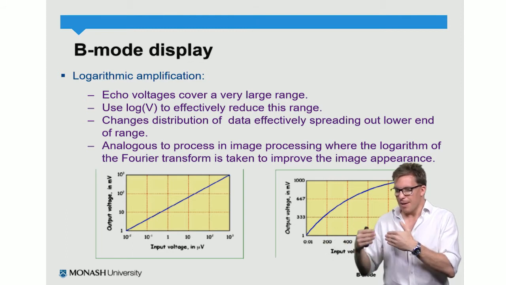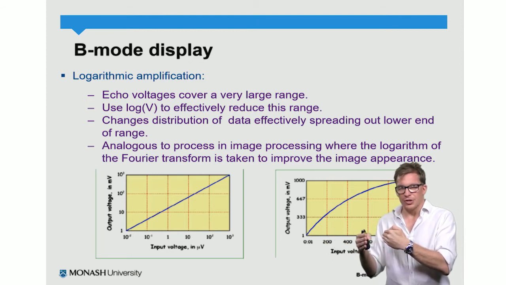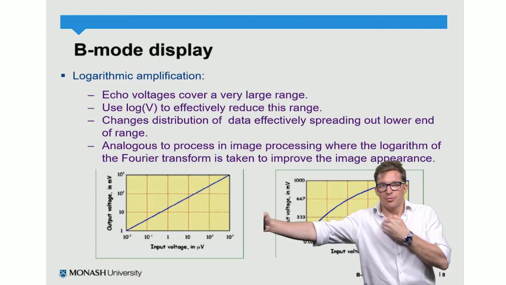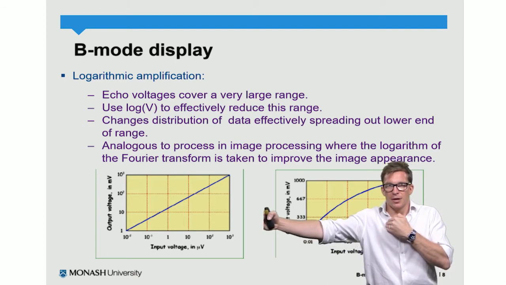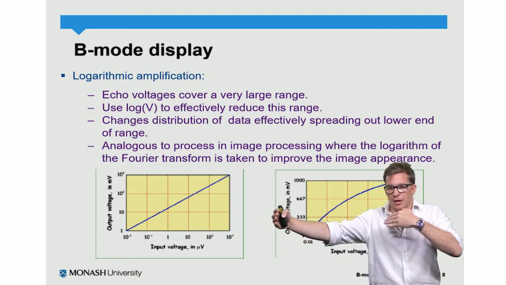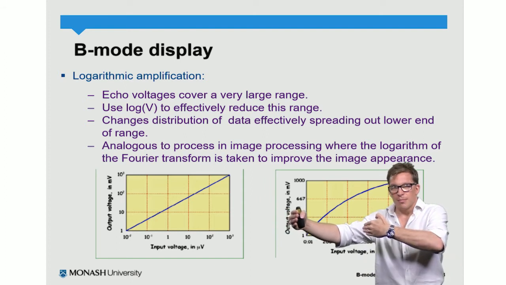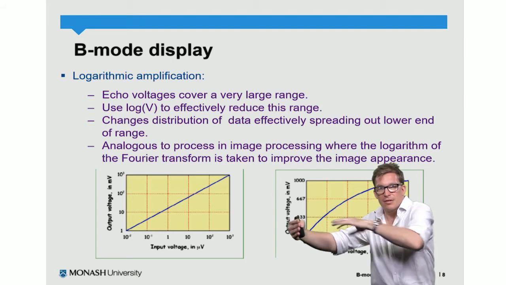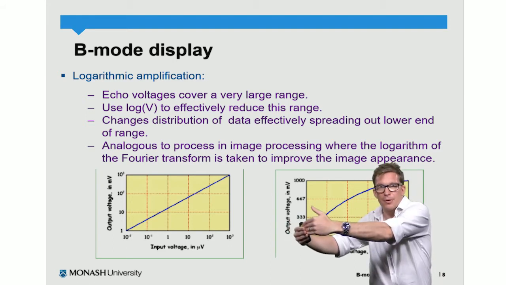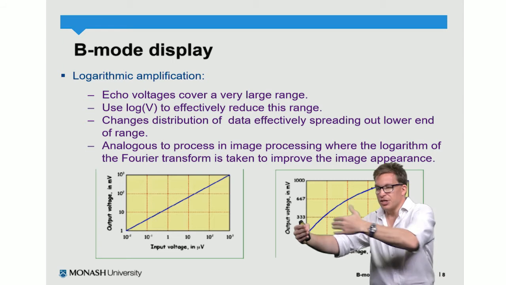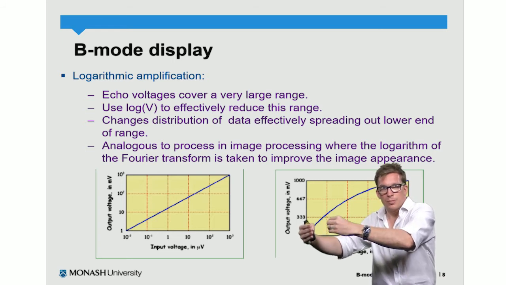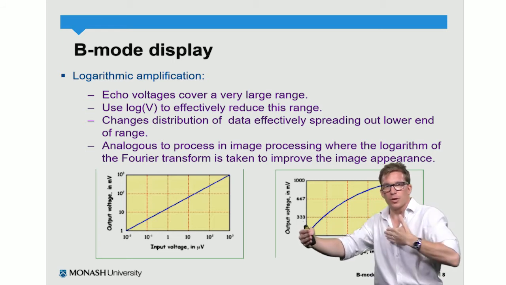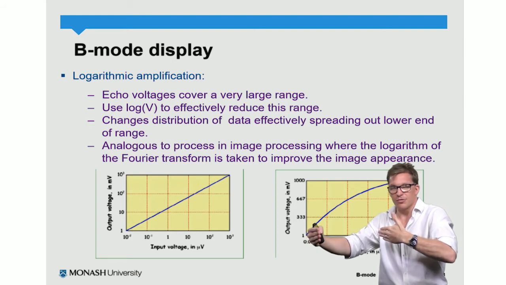Now, if that bone is close to the transducer, I'm definitely going to get the strongest reflection from that bone. But as that bone migrates deeper into the patient and further away from the transducer, when I transmit my ultrasound energy, that energy is attenuated by everything that's in the body before it gets to that bone. So by the time that energy gets to the bone, it would be a much smaller fraction of what it was when it was originally emitted from the transducer.